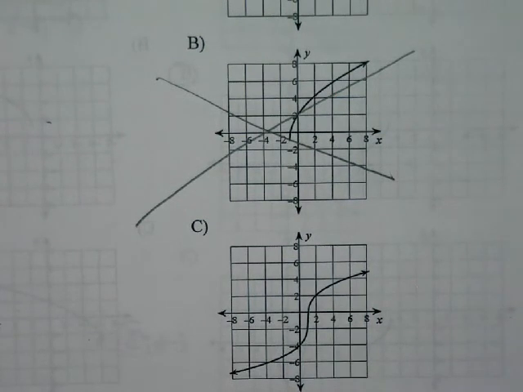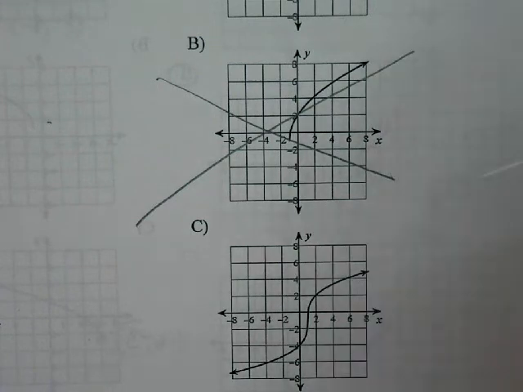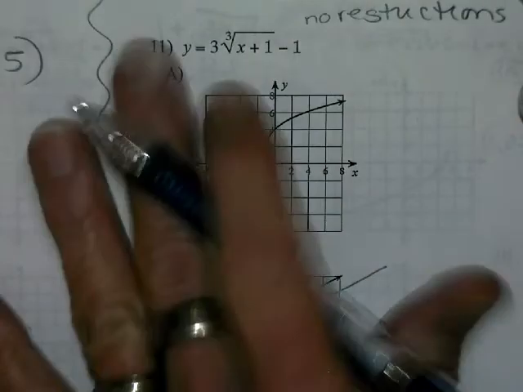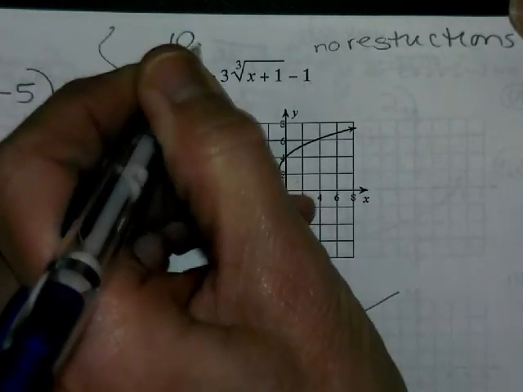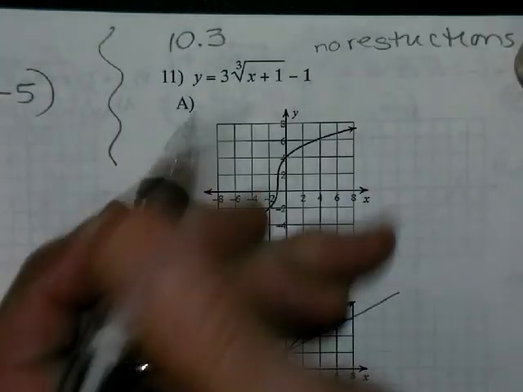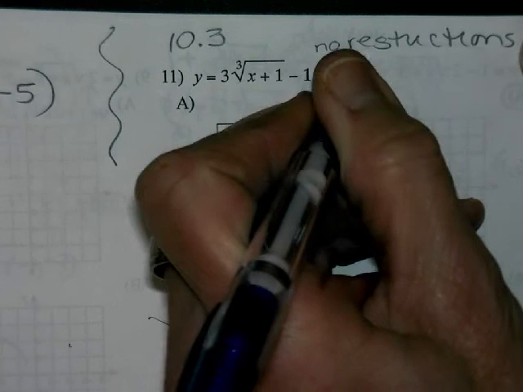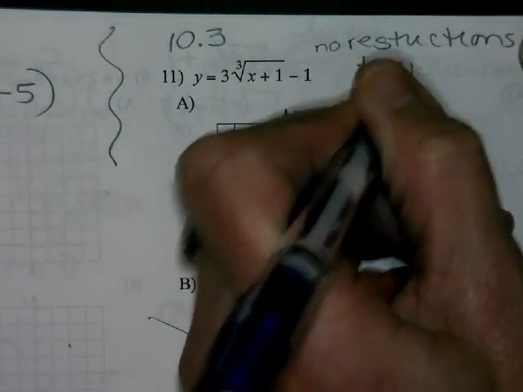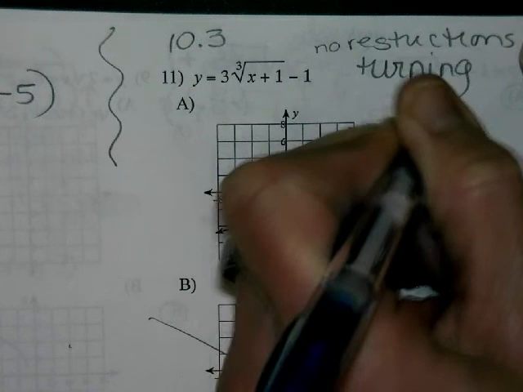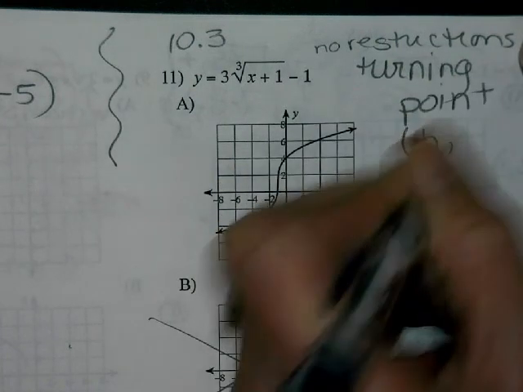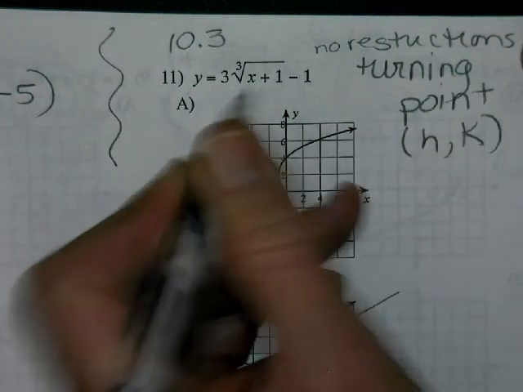If you weren't paying attention, you might forget there's a difference between a cube root function and a square root function, and after the last 5 you're going to make a silly mistake and pick the wrong kind of function. Okay? So that's why I'm ranting. 11 through 15 are from 10.3, where there were no restrictions. And so you're going to be looking for a turning point, not an end point.